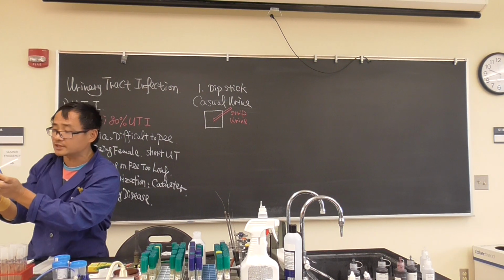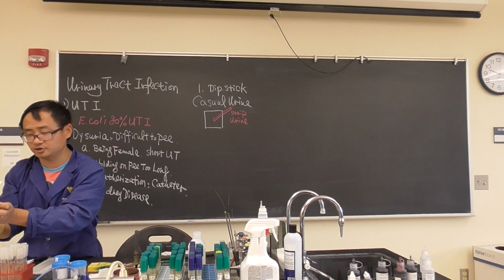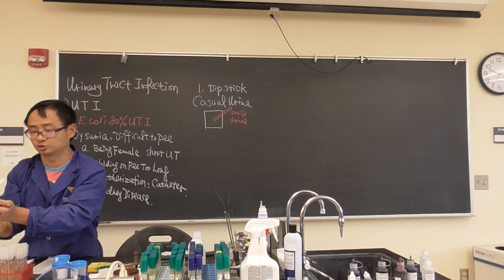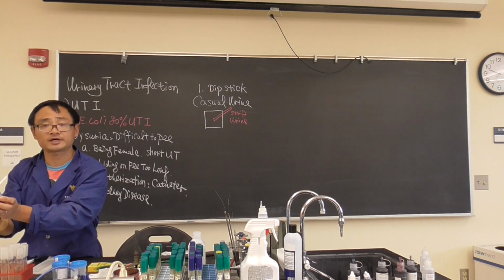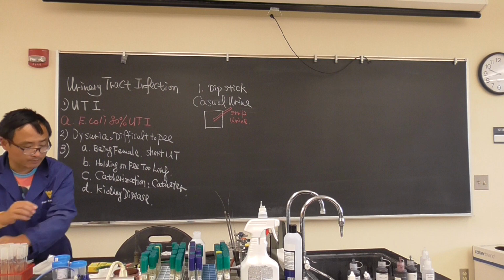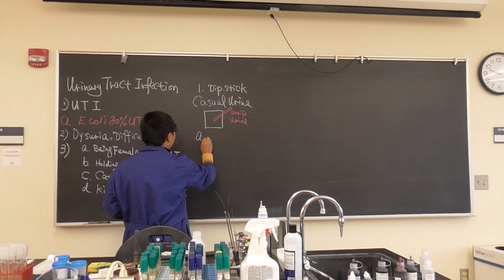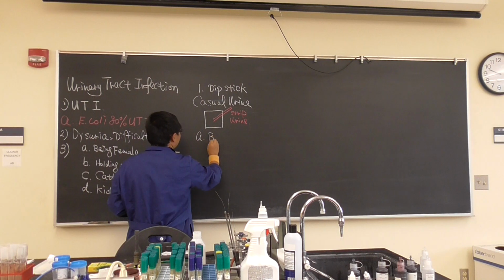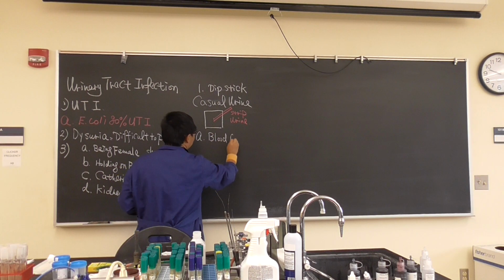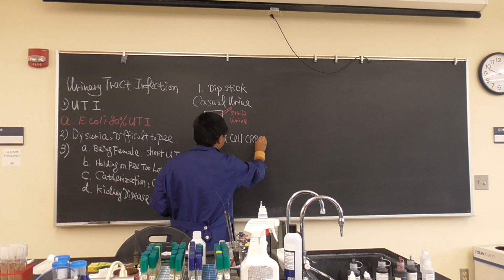But you look at these items, there are so many. There's protein, pH, blood, ketone, glucose, leukocyte. What do we really care about? From the microbiology standpoint, we care about 3 items. Number 1, blood cell. Obviously, red blood cell.